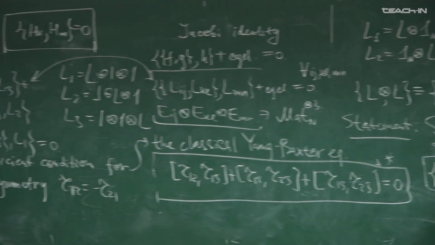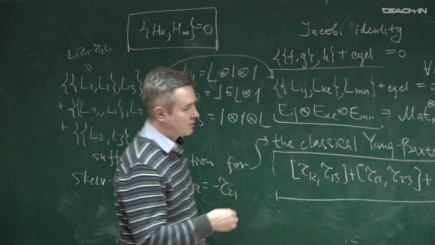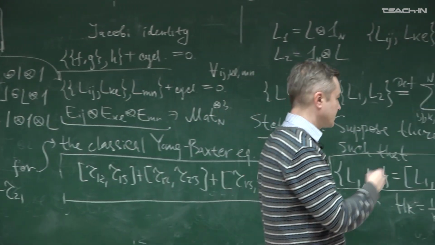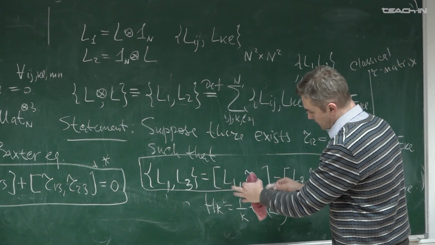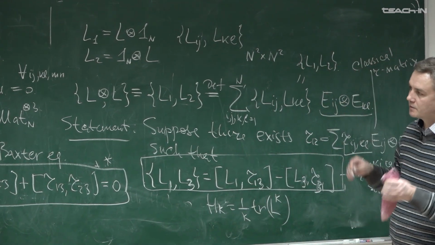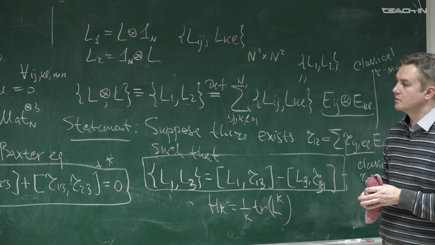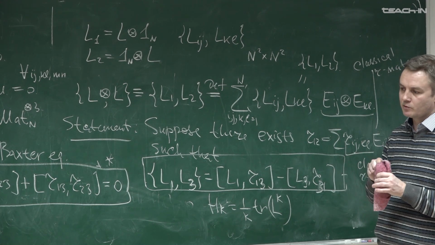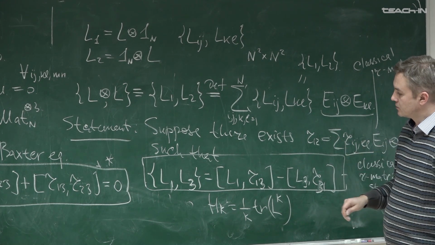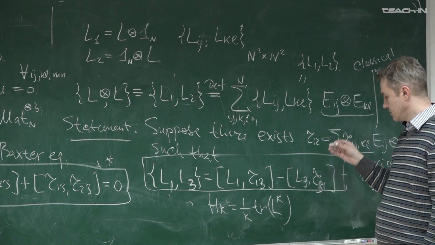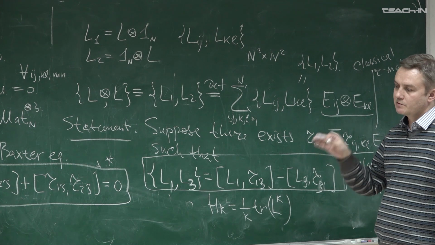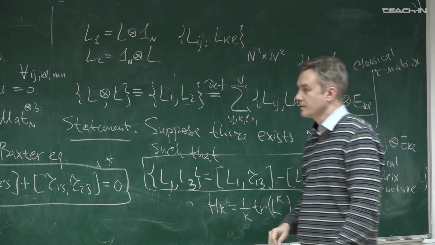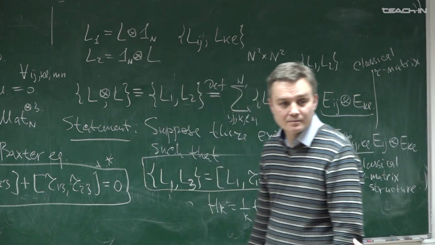So our logic is the following. Suppose there exists such a matrix which satisfies this relation. Then this is what we want. This is just a victory, and our model is really integrable. So we understand that this is an important object, and we just try to write some equation which defines it.